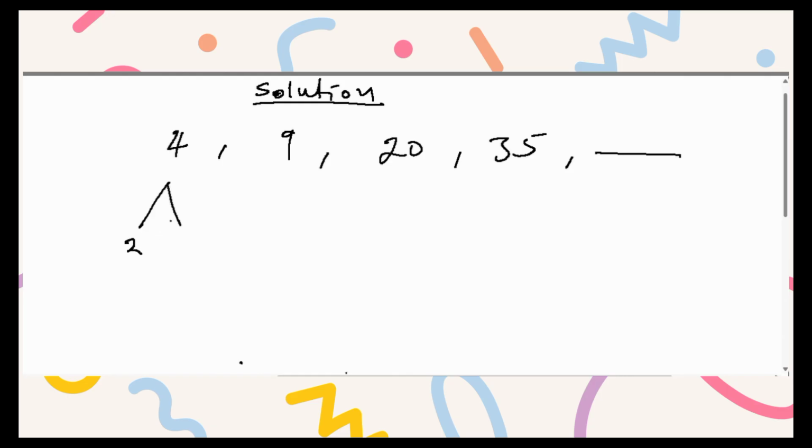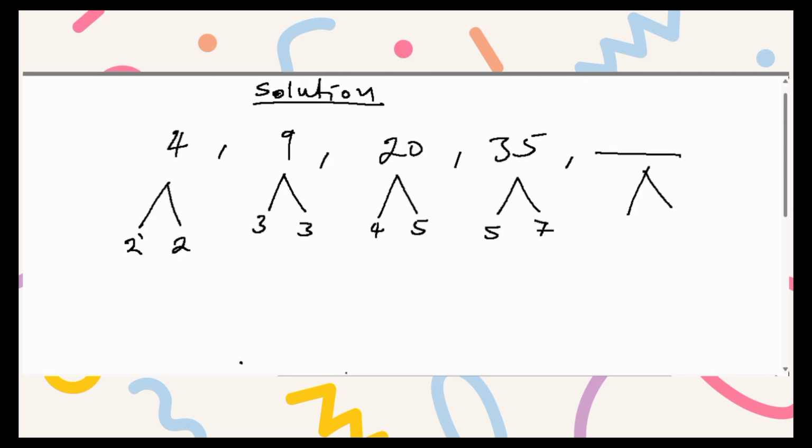We have 2 times 2, which gives us 4. 3 by 3 gives us 9. 4 by 5 gives us 20. 5 by 7 gives us 35. So 2 by 2 is indeed 4, 3 by 3 is 9, 4 by 5 is 20, 5 by 7 is 35.